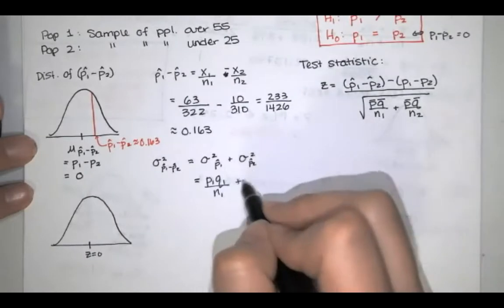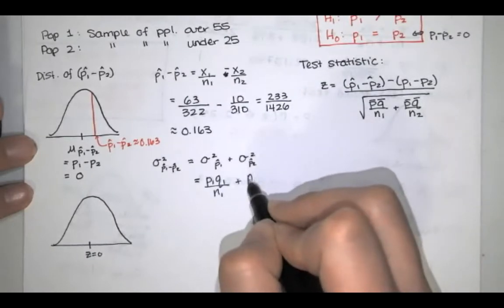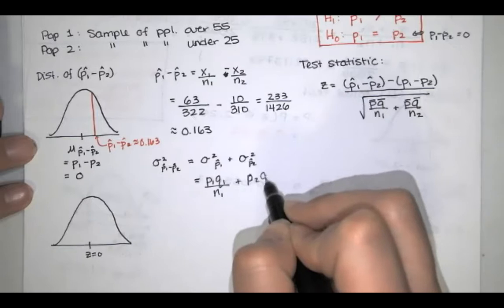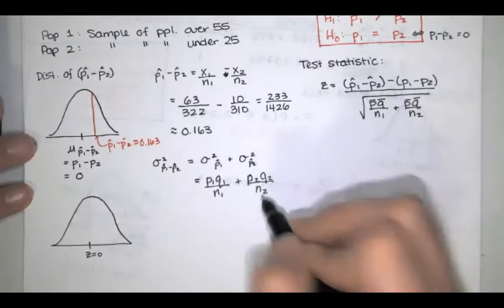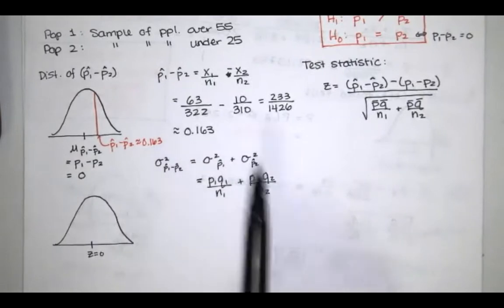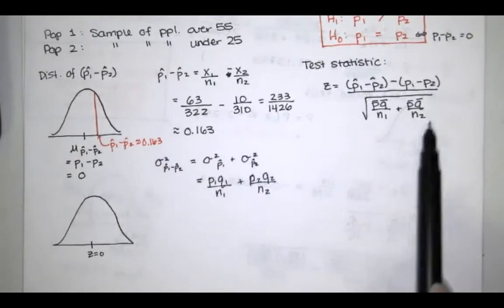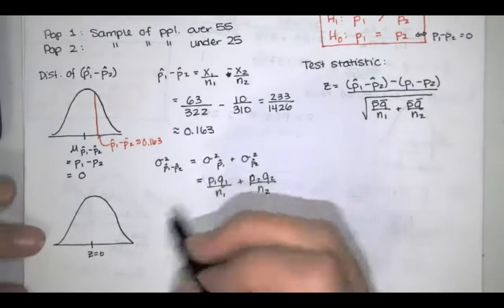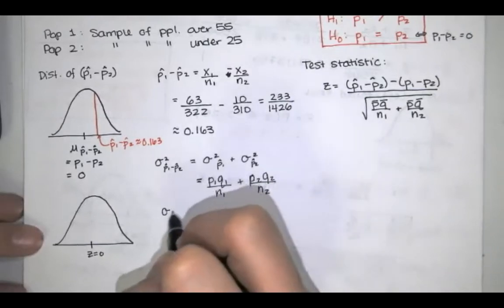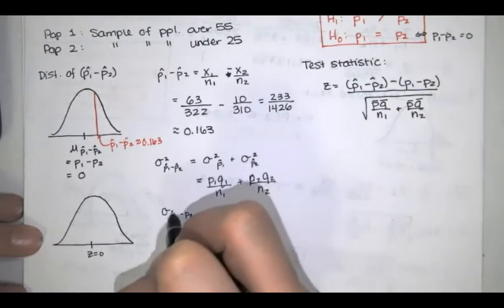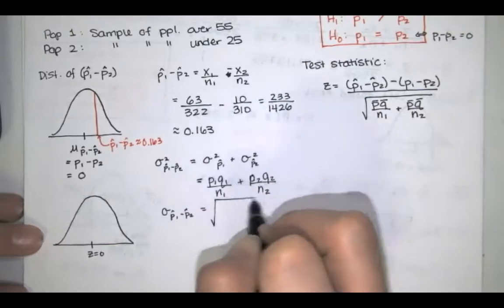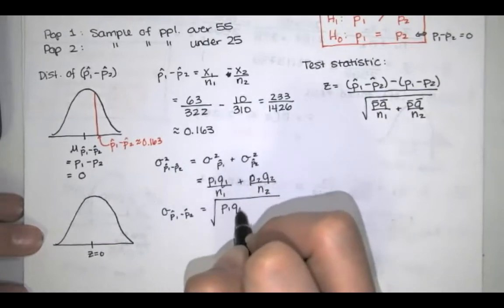And this is also equal to P times Q divided by N. But of course, because we're talking about our second sample, we'll use P2, Q2, and N2. So that's variance. Now, if I want the standard deviation, I would have to take the square root of both sides. So this, in general, would be assumed to be this.